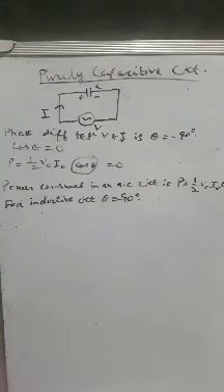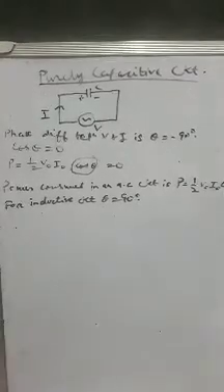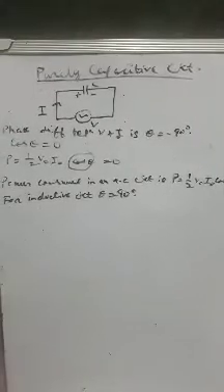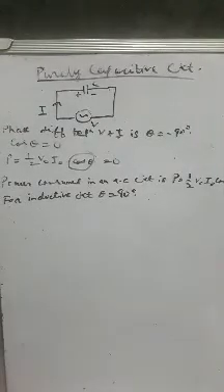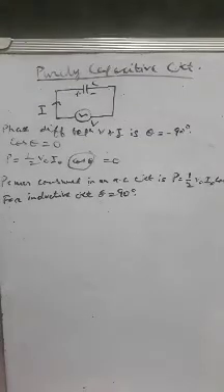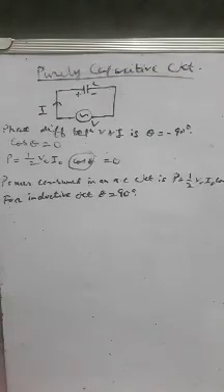What conclusion can we draw from the two respective circuits? From the two respective circuits, students, we can say that in the case of the purely inductive or the capacitive circuit, it doesn't dissipate any power or current through the inductor or the capacitor. Hence, it is called the wattless or idle current.